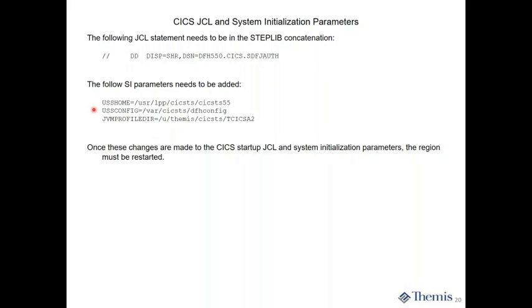USSCONFIG is where I could have configuration changes. A Unix standard is to use /var. But again, I don't necessarily have to put them there. I can put my changes somewhere else, which I have done, but I wanted to mention it. /var is where you could put configurations, and then /ts and /dfhconfig might be special configuration options for CICS.